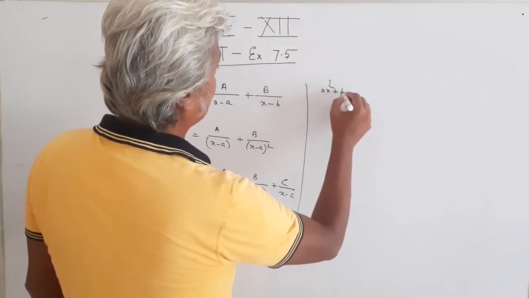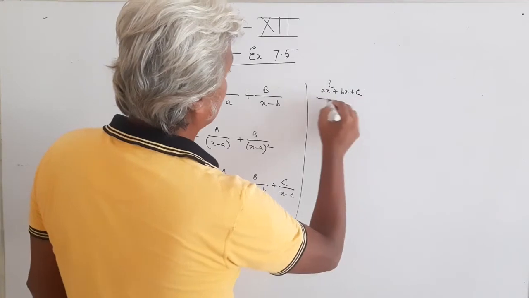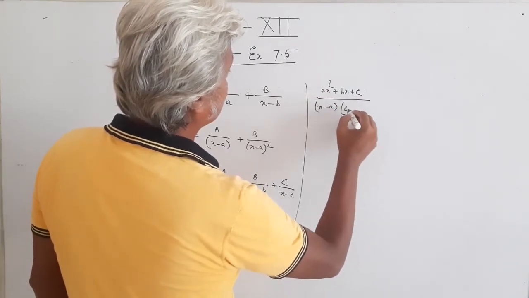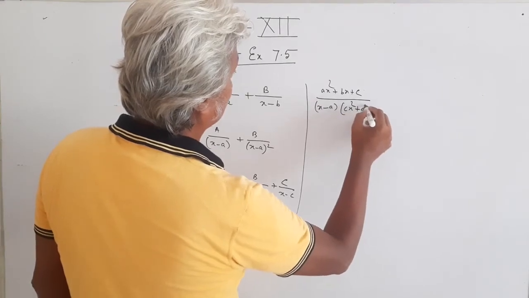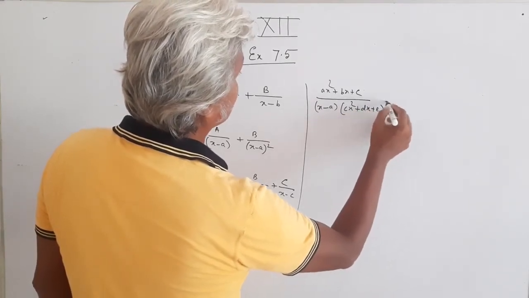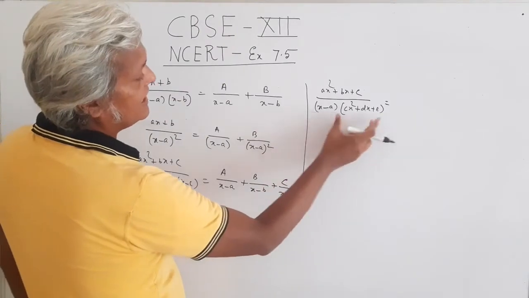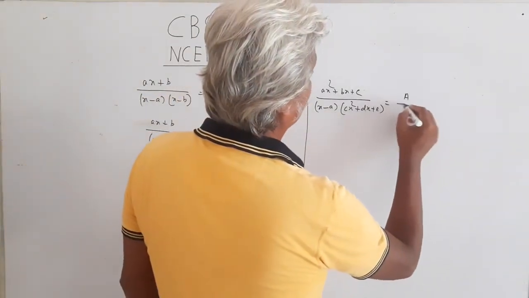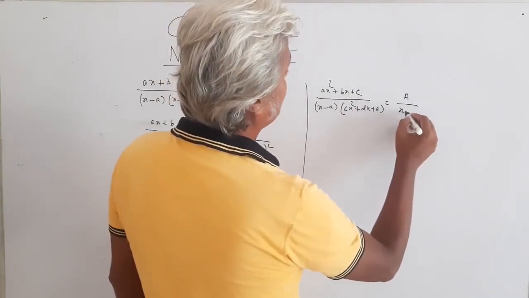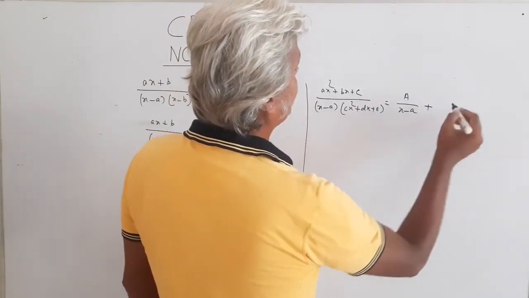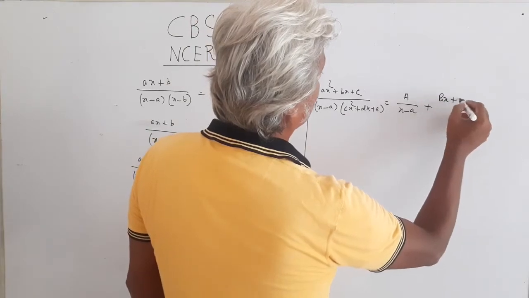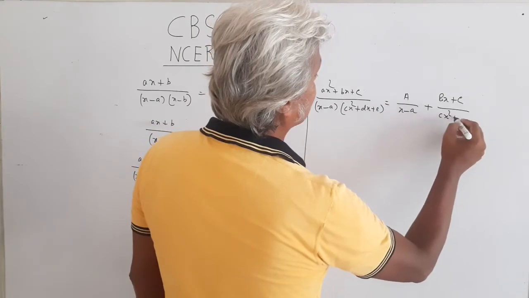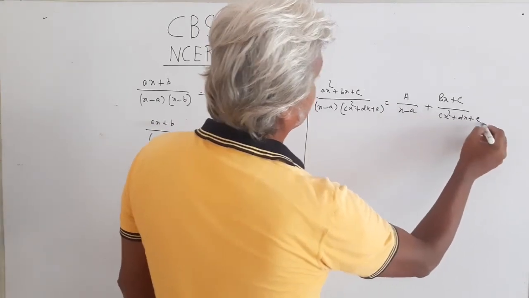Now when you have a term like (ax square plus bx plus c) over (x - a) and (cx square plus dx plus e), meaning one linear and the other quadratic, then you can resolve this as, for linear you write A over (x - a), and for quadratic you write (Bx + C), a standard linear form, over (cx square plus dx plus e).